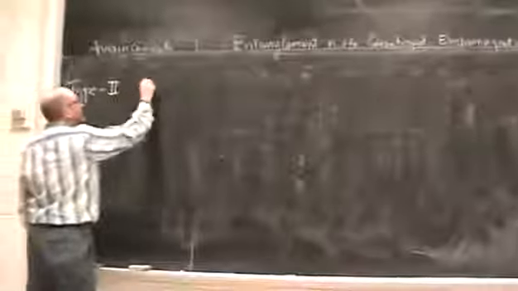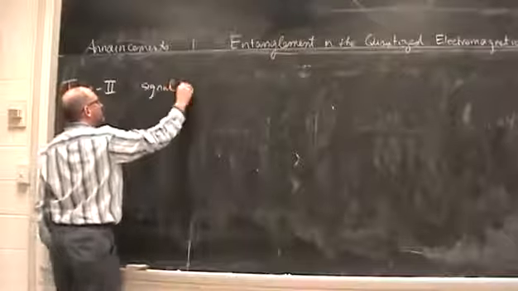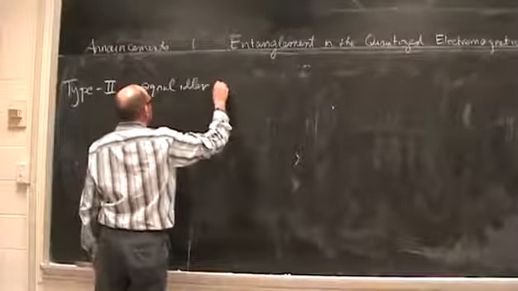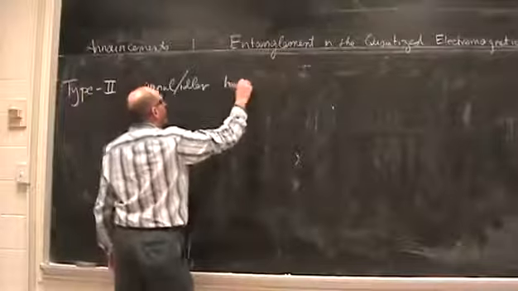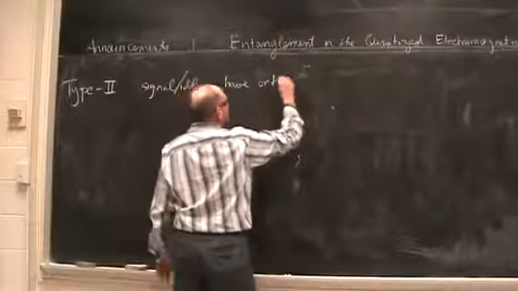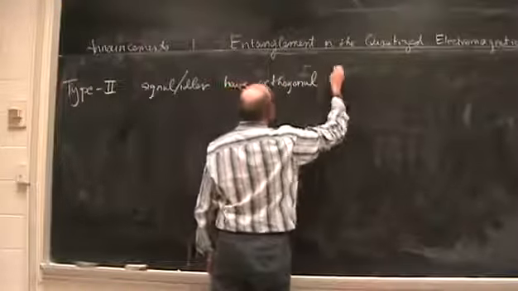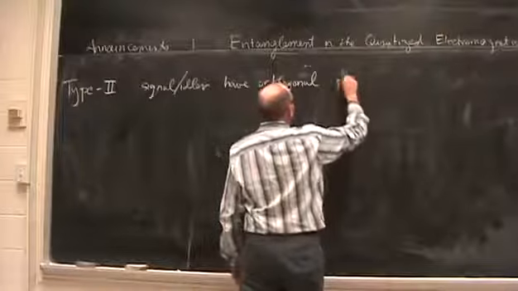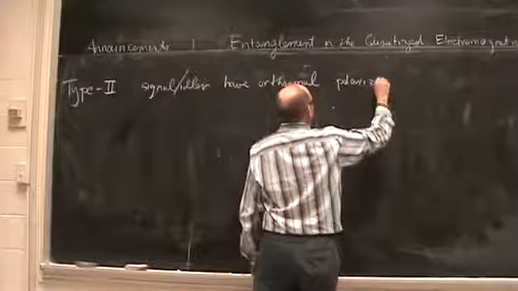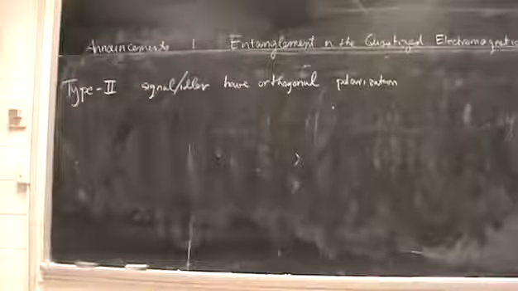So in type 2, the signal and idler have orthogonal polarizations. So one is ordinary and one is extraordinary. And you set up the crystal such that that is the case that's phase matched.